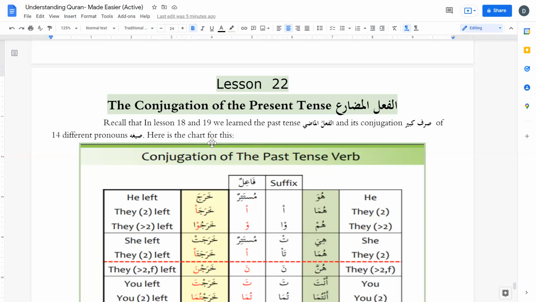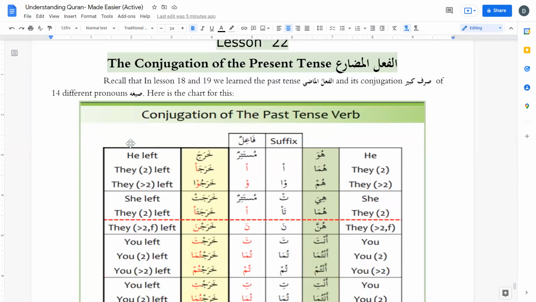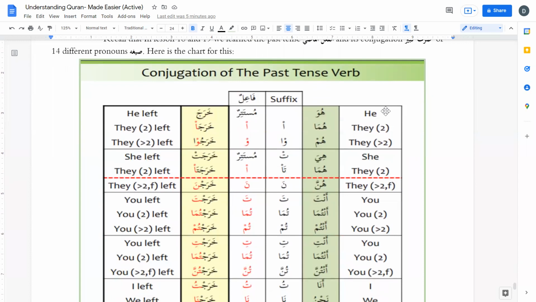So just recall in lessons 18 and 19, we learned the past tense with 14 different doers, pronouns as doer. So if a doer is he, then we have a different form of past tense.